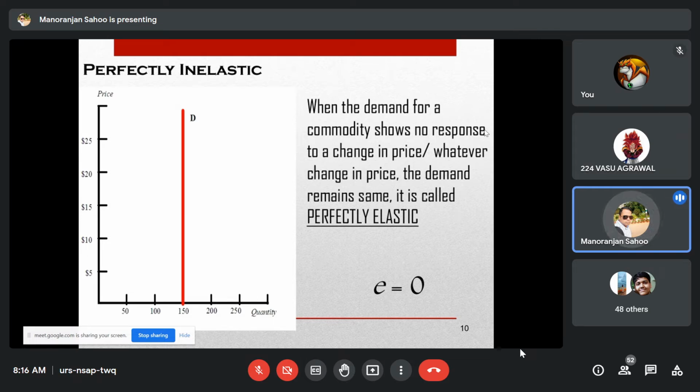So here our demand is not responding to the change in the price. So we can say it is perfectly inelastic demand.